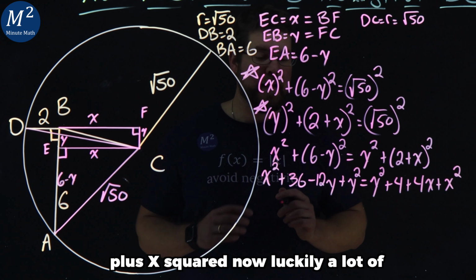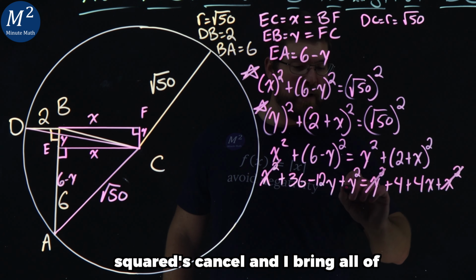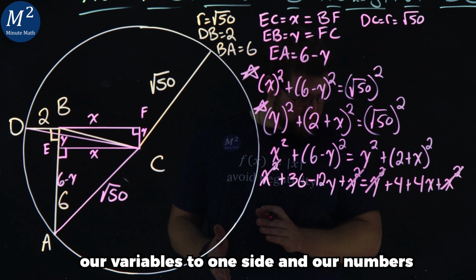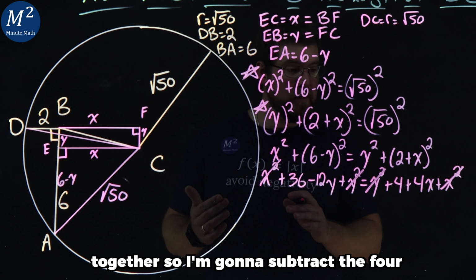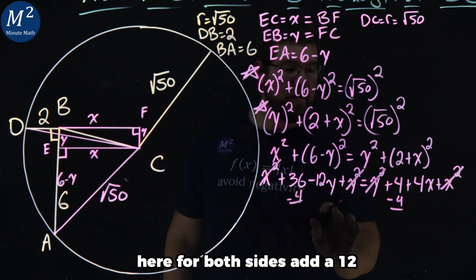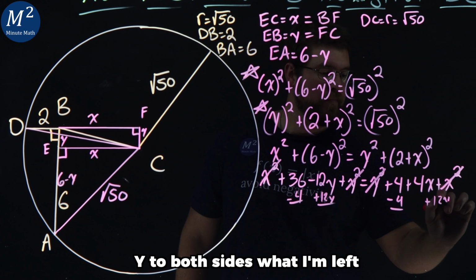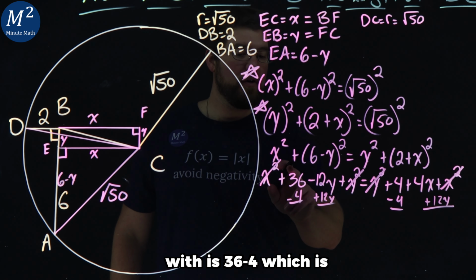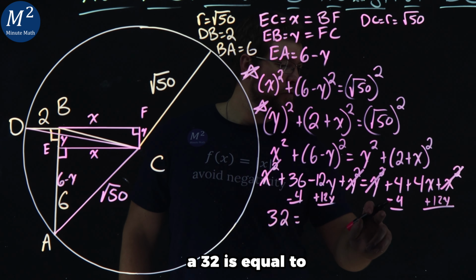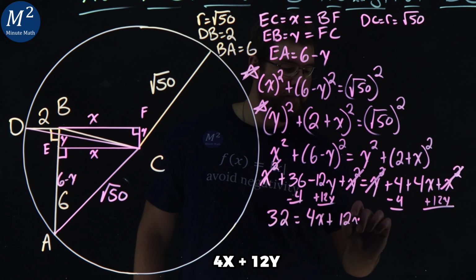Now luckily, a lot of things cancel. X squareds cancel here, y squareds cancel, and I bring all of our variables to one side and our numbers to the other. So I'm going to subtract a 4 to both sides, and I'm going to add 12y to both sides. What I'm left with is 36 minus 4, which is 32, is equal to 4x plus 12y.